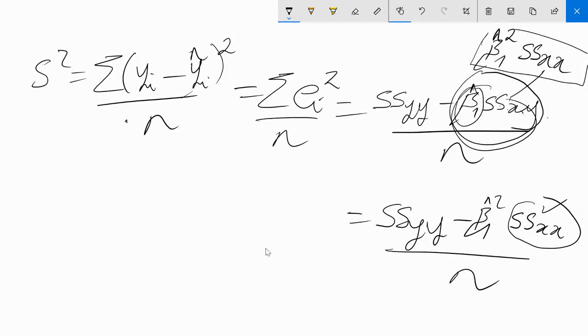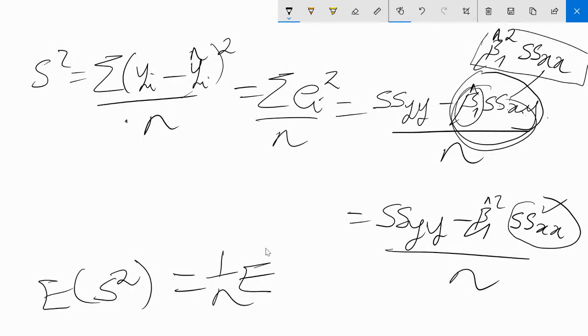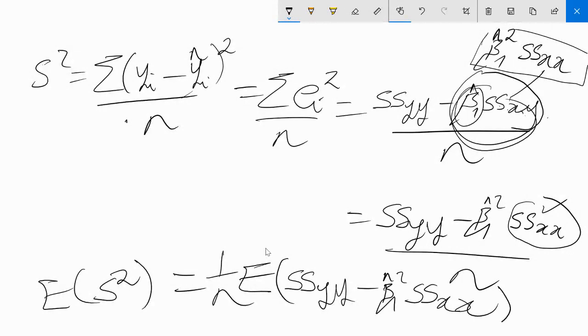So we have to find the expected value of S. That's what we are going to do. To find the expected value of S, we must find the expected value, because this is a constant, we take it out. It means we have to find the expected value of SSYY minus beta 1 hat squared SSXX.